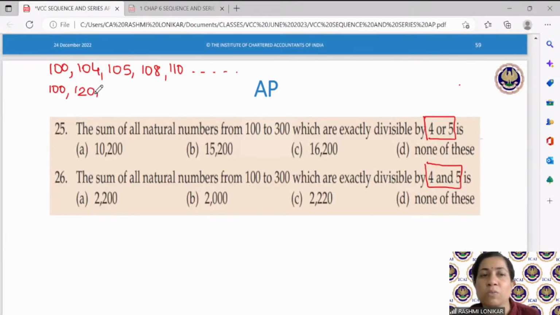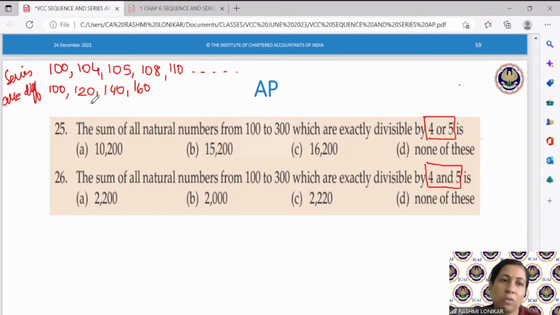So numbers will be this. Then 140. Okay, 140 divisible by 4? Yes. Divisible by 5? Yes. So, can you see that both these series are different from one another? So that is why I have to make sure that when I'm reading the sum, I know whether it is 4 or 5.